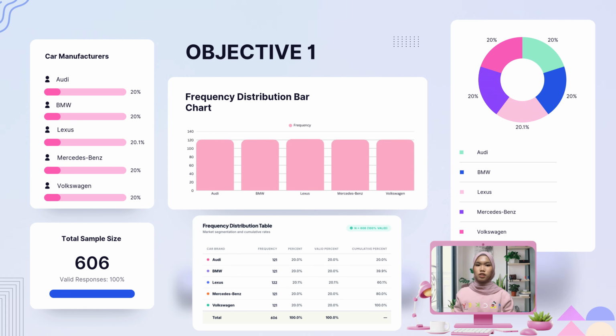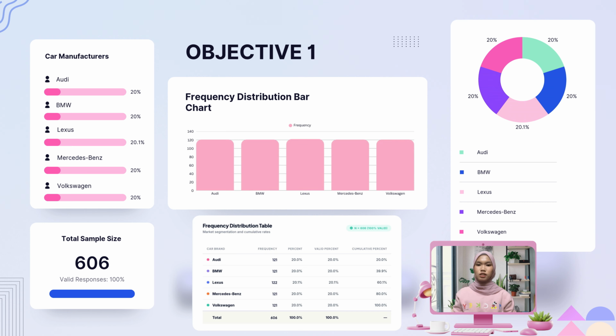Looking at the frequency distribution table, we can see that the respondents are distributed almost equally among the 5 car manufacturers. 4 of the manufacturers, which are Audi, BMW, Mercedes-Benz, and Volkswagen, each have 121 respondents, representing 20% of the sample.